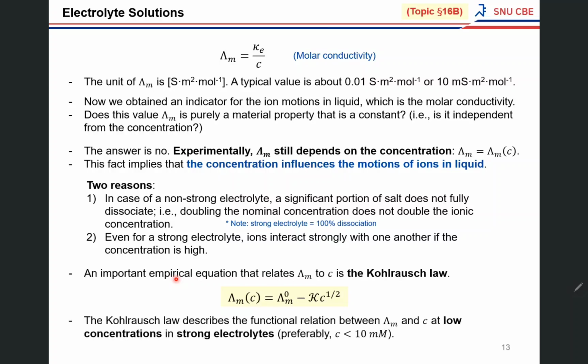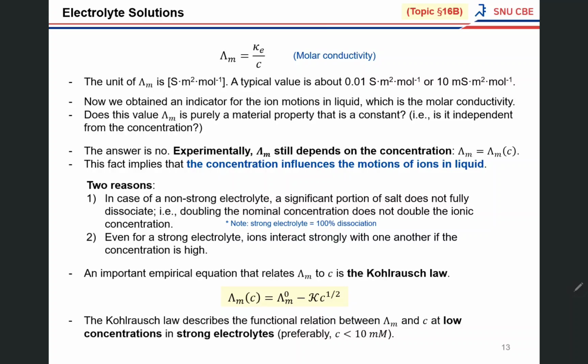The law describes the functional relation between the molar conductivity and the concentration, and this is important, only at low concentration, so that C should be lower than 0.01 mole per liter, and the electrolyte should be a strong electrolyte, like NaCl, or salts that have very high solubility. It only applies to those kinds of systems. But still, the law describes the relation between the molar conductivity and the concentration pretty well.